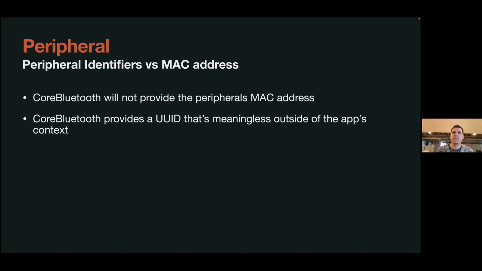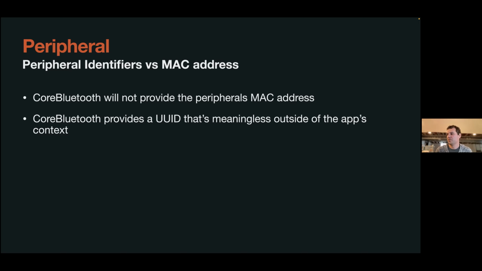On the Android side of things, you can get that MAC address. However, with Core Bluetooth, you cannot get the MAC address at all. Apple does not allow you to get the MAC address of a peripheral. Instead, they provide you a UUID that's meaningless outside of the app's context.